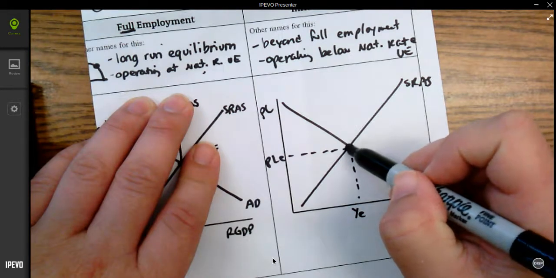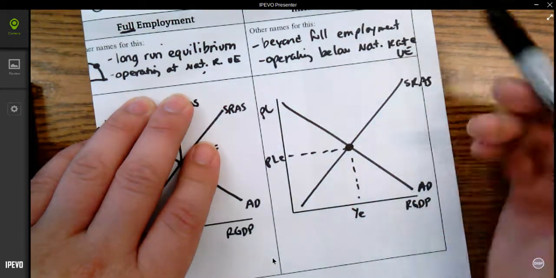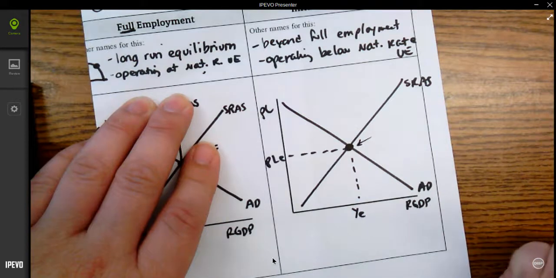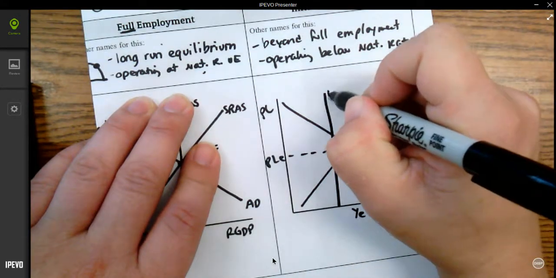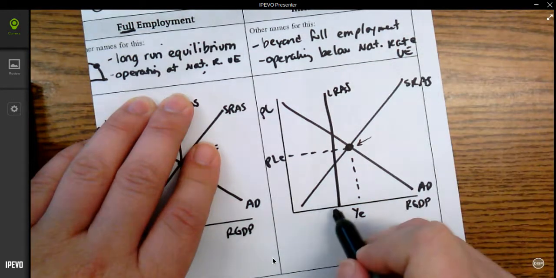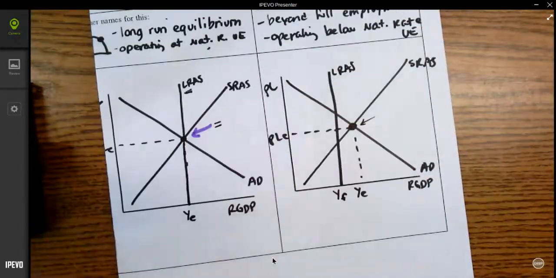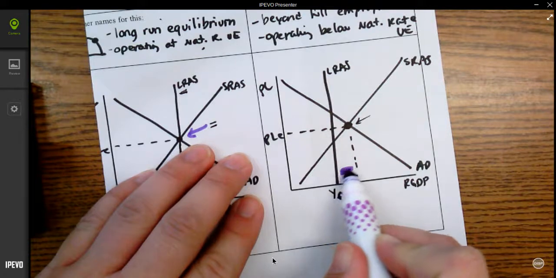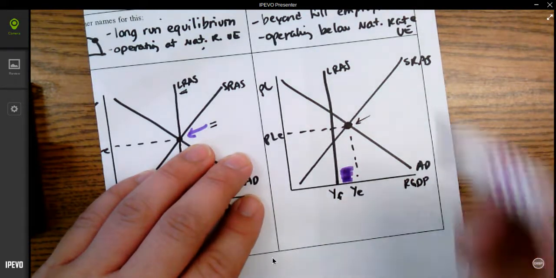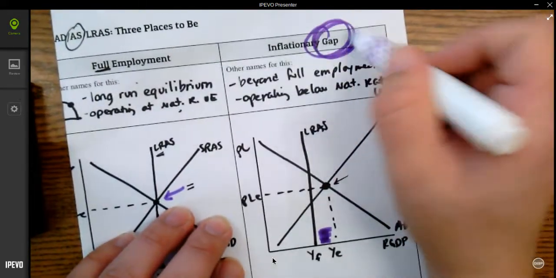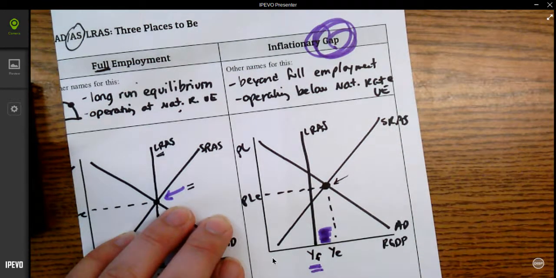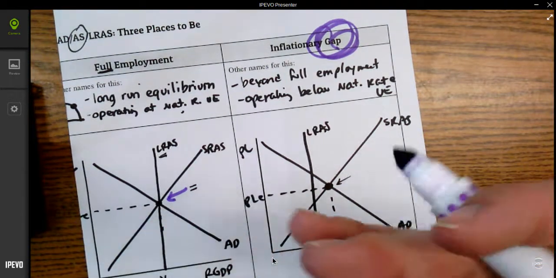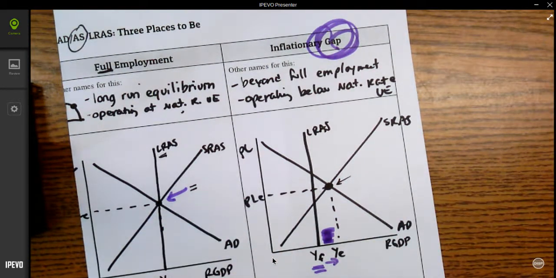Right now, if we're operating beyond full employment, that means this is where we're operating. So full employment would have to be on the inside of that, and this gap is now over here. This is called an inflationary gap because full employment is only here on the number line, and where we currently are is inflated beyond what we need to be doing.